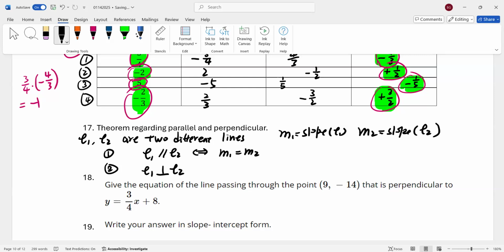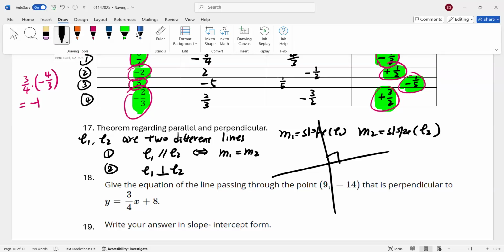Perpendicular means two straight lines cross, and the angle formed by the two straight lines is 90 degrees. They have to cross, and the angle has to be 90 degrees. If the angle is not 90 degrees, they are not perpendicular.